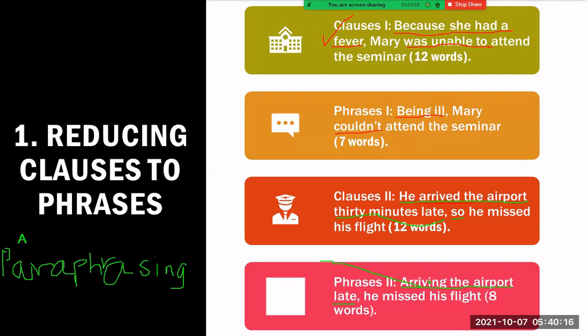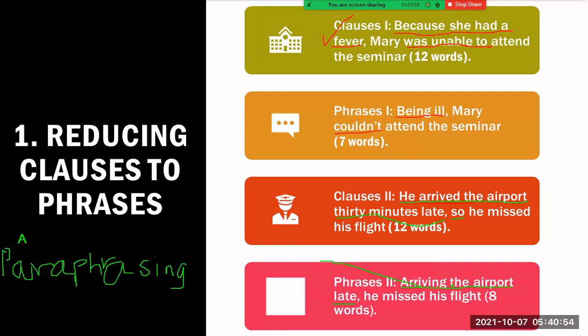If you check the description section, you will find a video I uploaded recently on participle clauses. That will help you, because when you learn how to change other types of clauses into participle clauses, it helps you to paraphrase, it helps you to reduce words. So you can see that this has gone beyond a phrase.